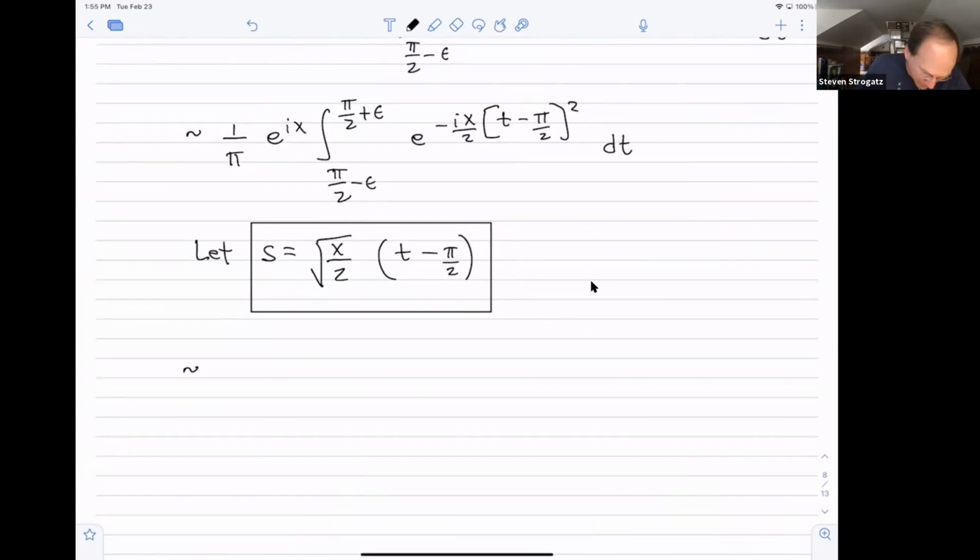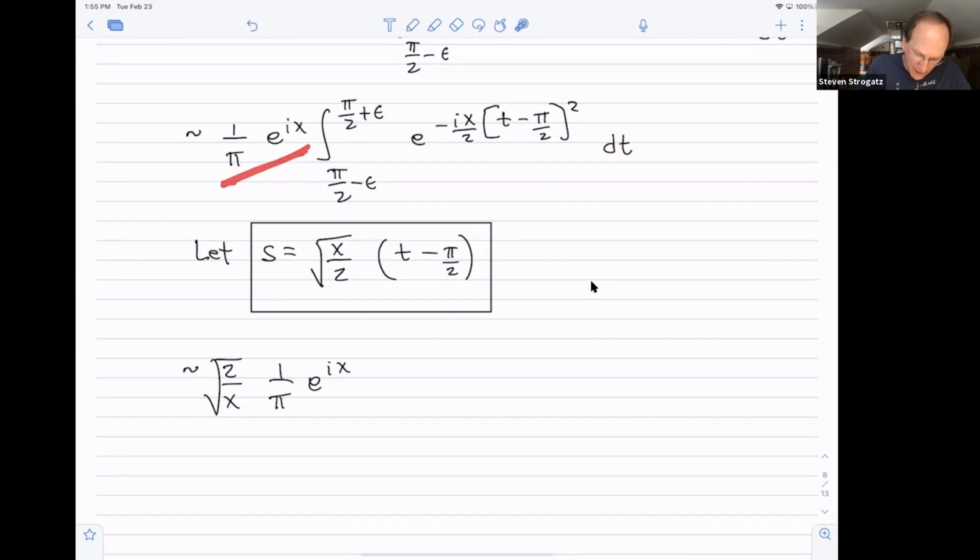This becomes very nice and clean. I get 2 over x under a square root. Let's just keep the 1 over pi for the time being. 1 over pi, e to the ix. So I'm just copying from up here.